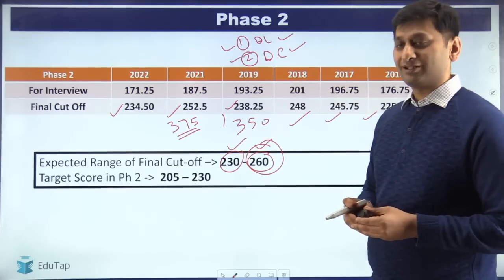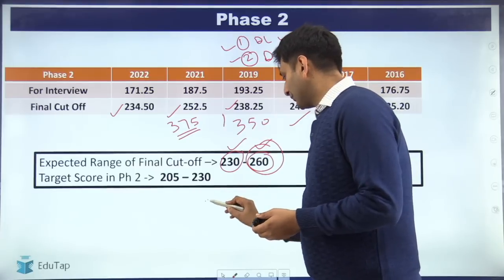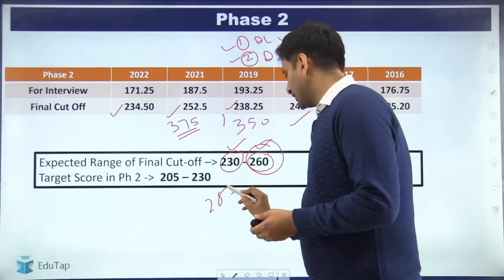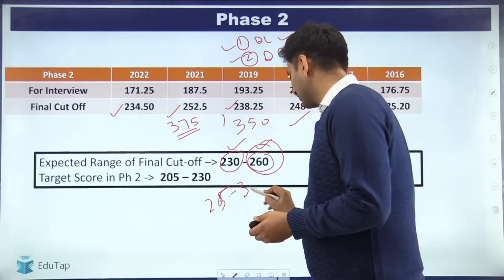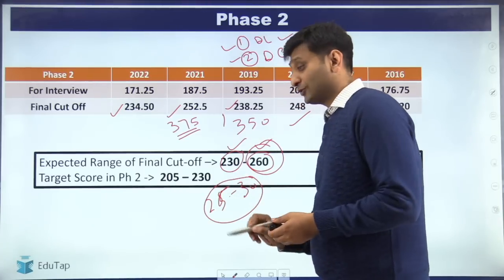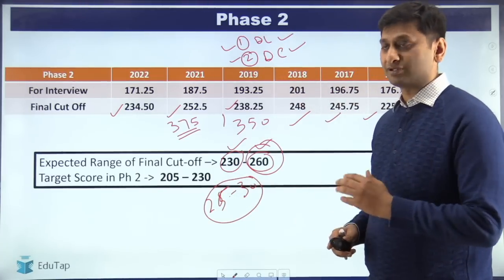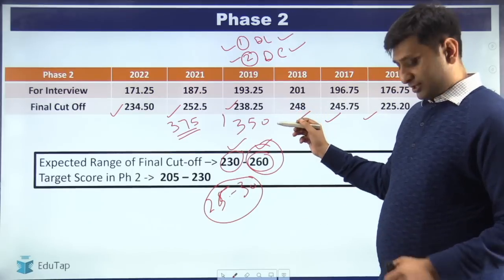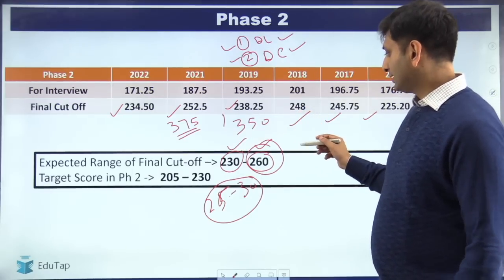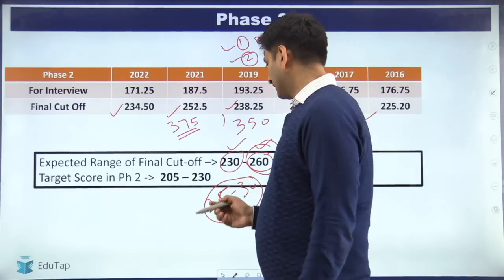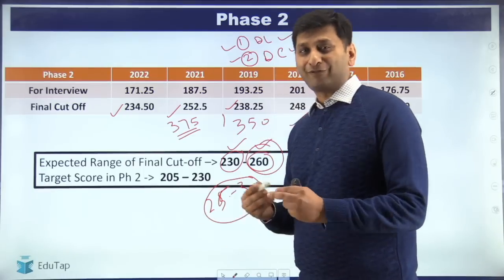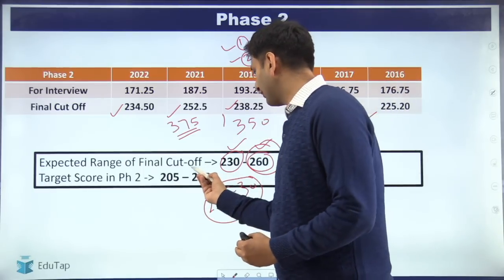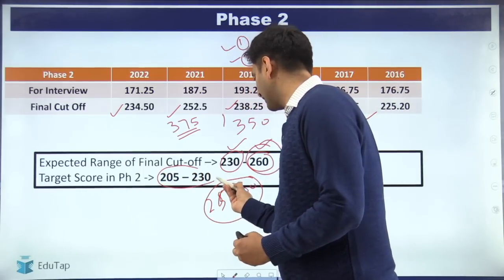But I'm assuming कि चलो अगर आप ठीक ठाक हो तो 25-30 मार्क्स तो ले ही आओगे इंटरव्यू में. This is the worst case scenario according to me, though the worst case can even be worse than this. But 230 से 260 अगर आप टारगेट कर रहे हैं और आप इंटरव्यू में एक एवरेज परफॉर्मेंस लेके चल रहे हैं, सो इन फेज टू योर टारगेट स्कोर शुड बी 205 to 230.